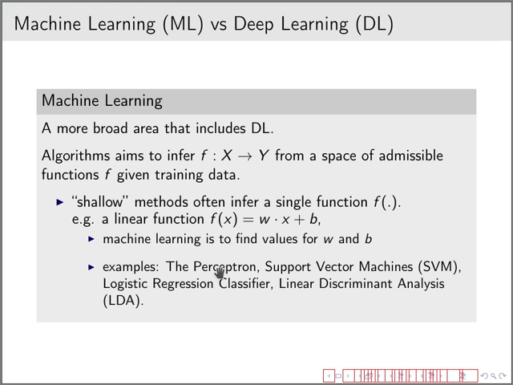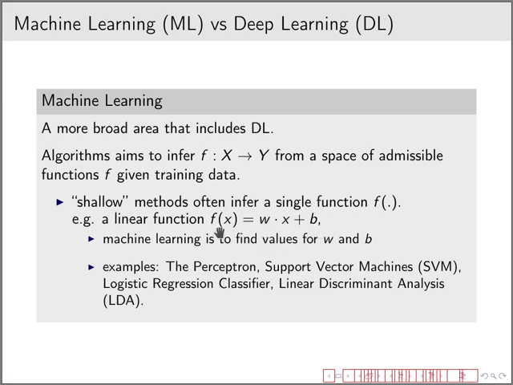So if we define a linear function, it has this form. If x is one-dimensional, so just one scalar, what we would have is that f of x equals w times x plus b. So to perform machine learning is to find values of w and b.